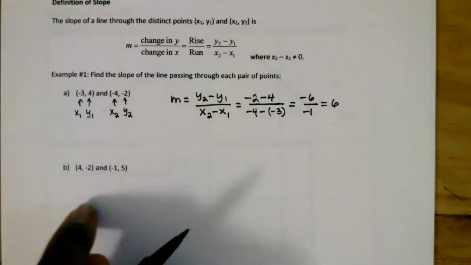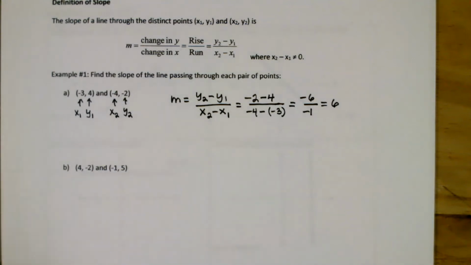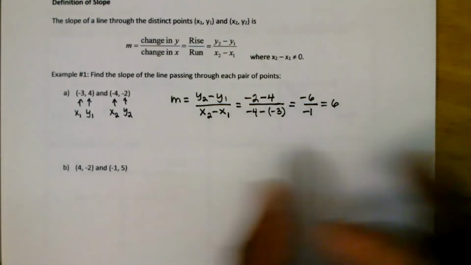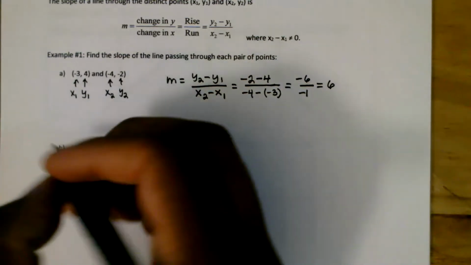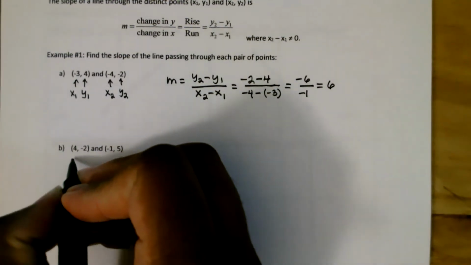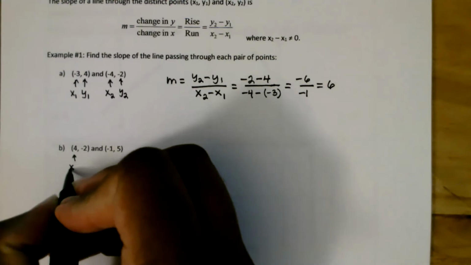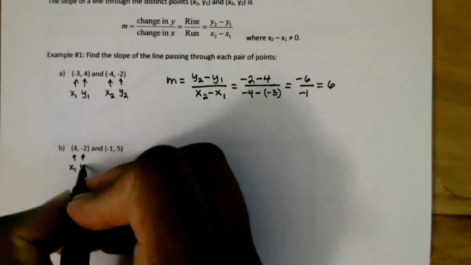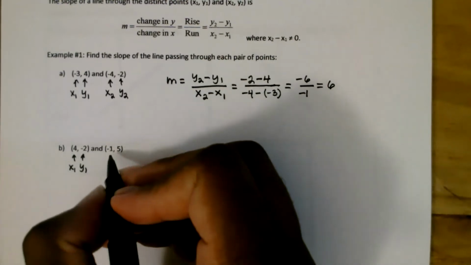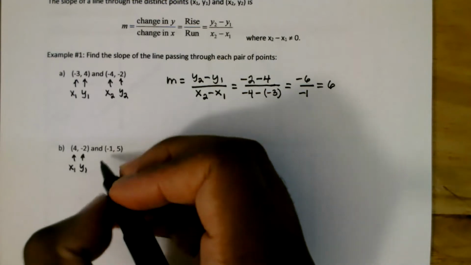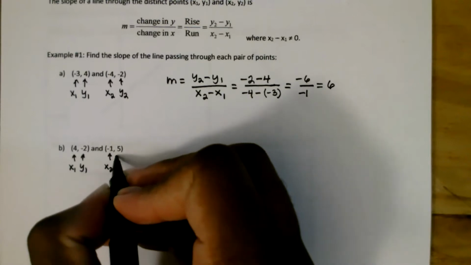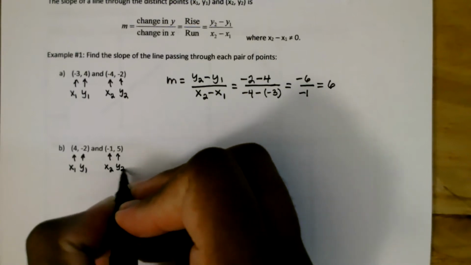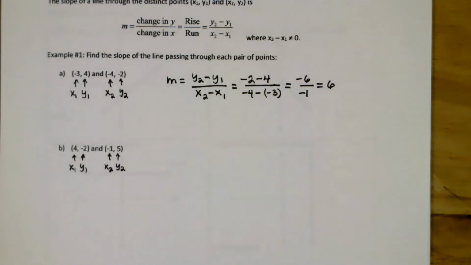All right, here's another one, part B. Here we've got (4, -2) and (-1, 5), and I want to find the slope of the line passing through those 2 points. Again, take the first ordered pair, (4, -2), and let x1 be 4 and y1 be -2. And for the other ordered pair, (-1, 5), I'll let x2 be -1 and y2 be 5.